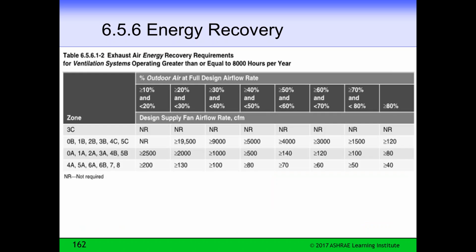Now here's the same table at equal to or over 8,000 hours, and you can see that 20 and 30 for that same area has dropped down to 2,000, and that's now still required in the B climate zones. So it makes a big impact, obviously, how many hours a year you're going to operate.